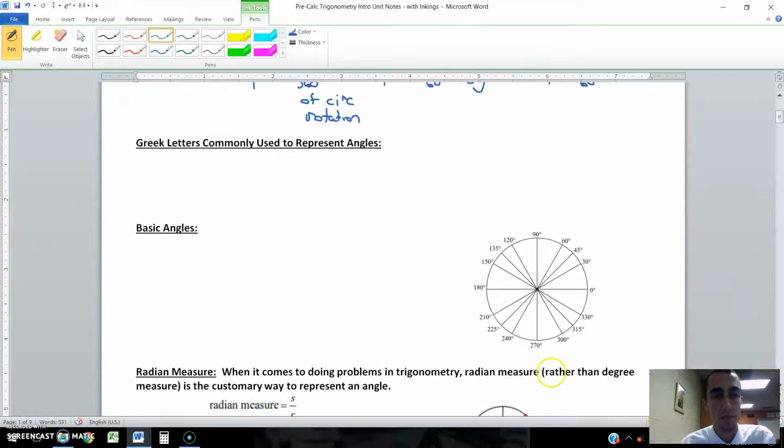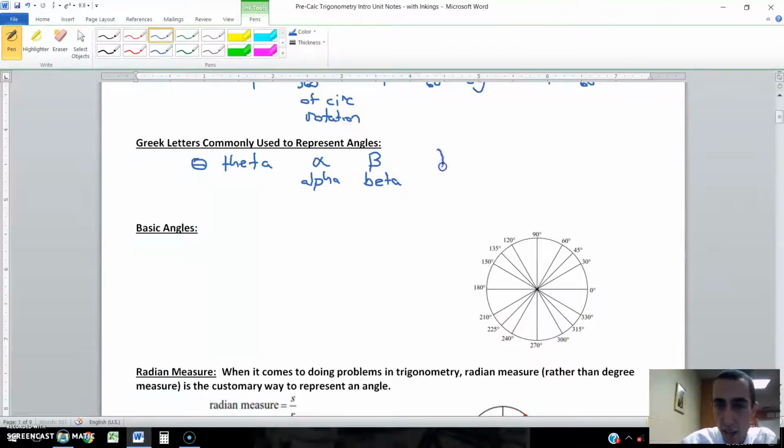Alright, next up. Greek letters that we're going to see a lot here. Now, we've already used pi a lot in mathematics, but in order to represent angles, we often use Greek letters. One of them is the Greek letter theta. Another two that we use decently frequently are alpha and beta.